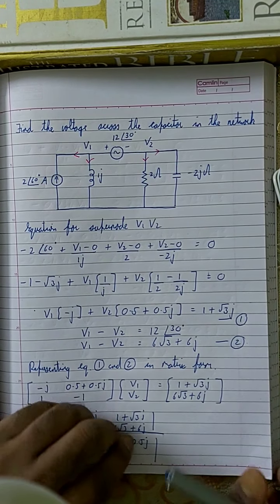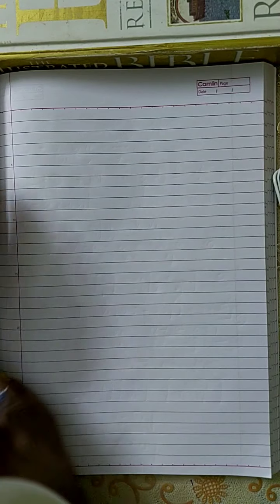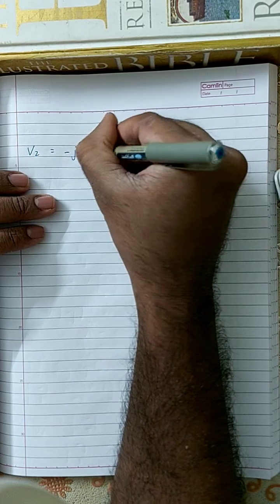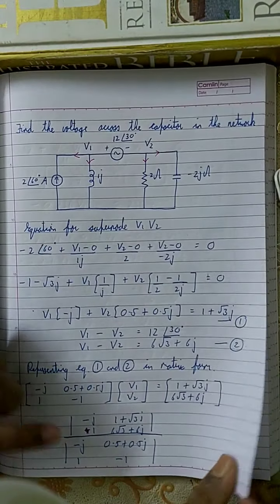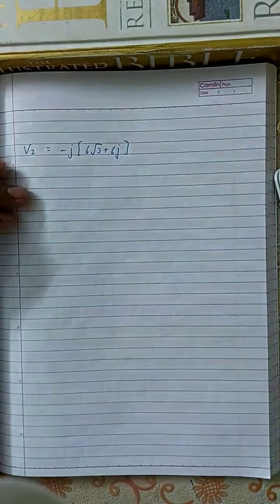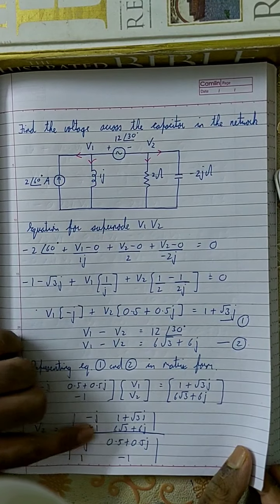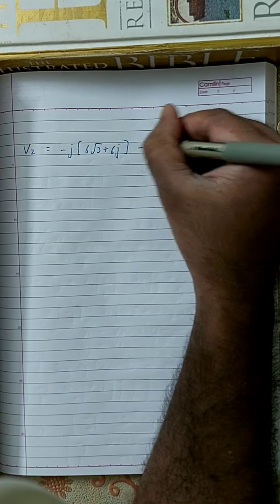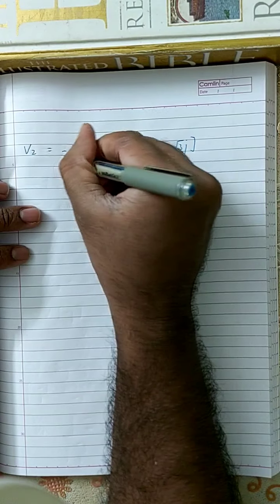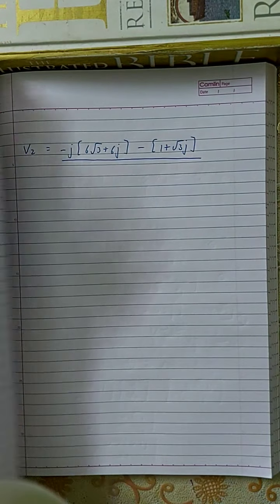So let's find the answer. V2 is equal to minus J into 6 root 3 plus 6J, minus 1 plus root 3J, the whole divided by the denominator.